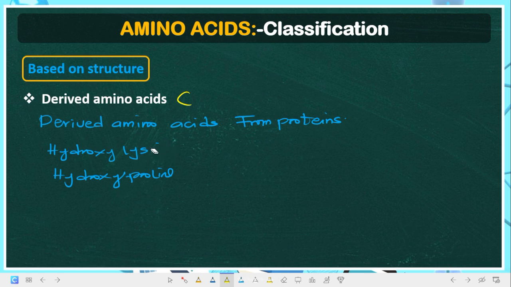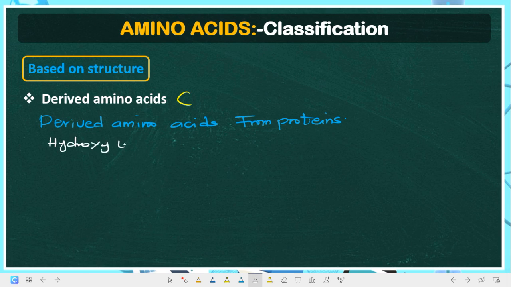So we said under the derived amino acids, we have derived amino acids from proteins, and examples of those are hydroxylysine and hydroxyproline.